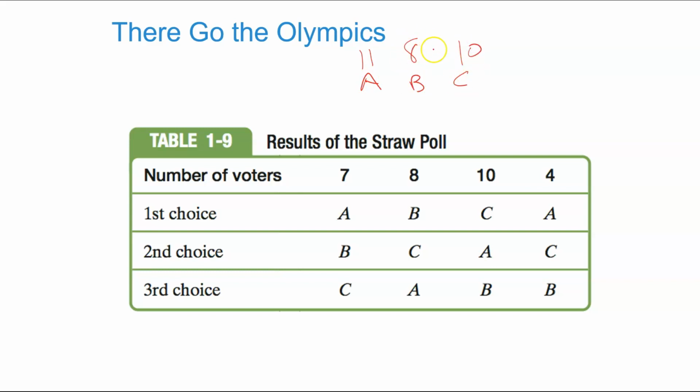No one has a majority, so we get rid of the last place one. Barcelona is eliminated, Calgary moves up, and now those 8 votes go to Calgary, so we've got 11 for Athens and 18 for Calgary, which means that Calgary is our winner.